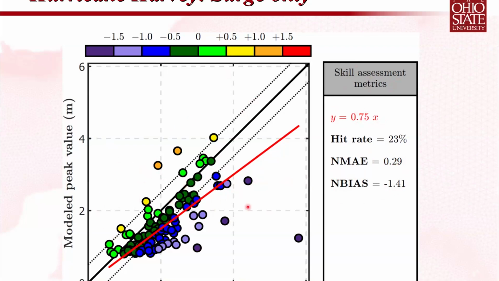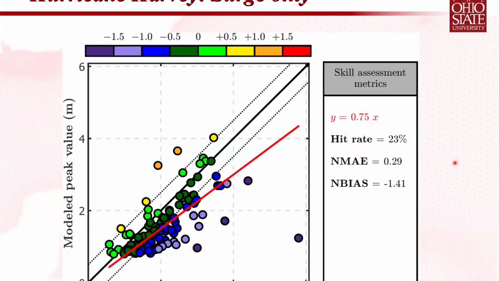The results I'm showing here are for surge only. The important thing to note is this hit rate that I'm reporting, which is the number of high water marks that were actually shown to be flooded by the model. In this case, only 23% of them were actually shown to be flooded by the model.